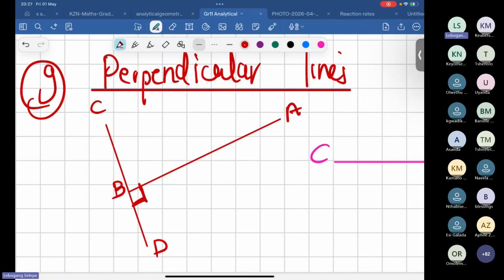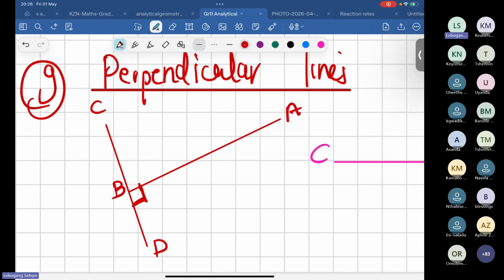That is standard. That's why, for any two perpendicular lines, if you multiply those two gradients, you're supposed to get -1.